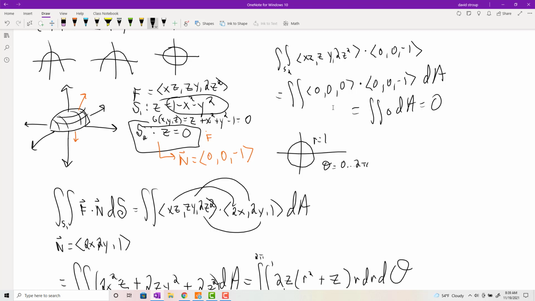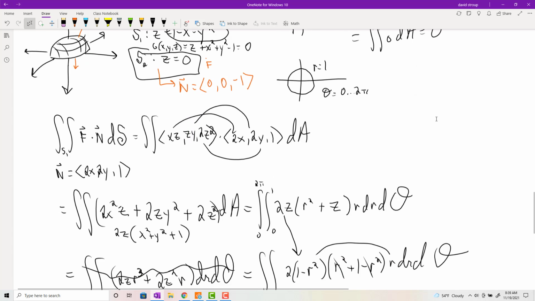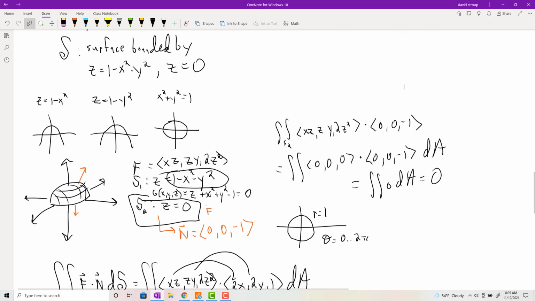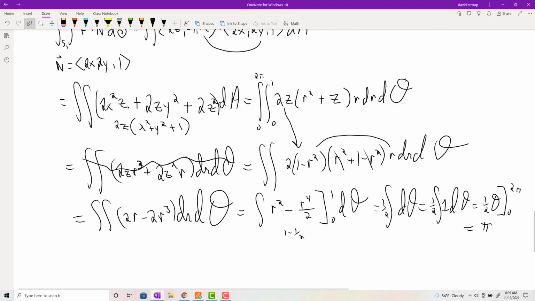Okay. So to get your overall answer, you're just taking those two integrals and adding them together. One is 0, the other is π. So the flux in this case, the double integral of F dot n dS, is going to be π.